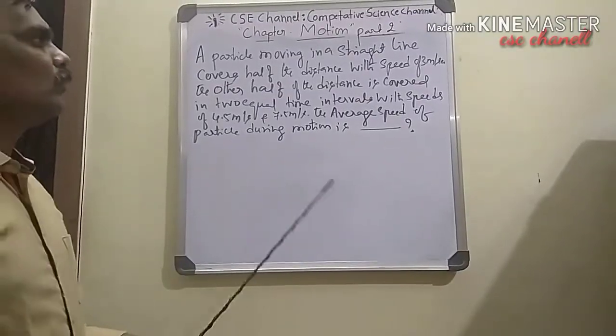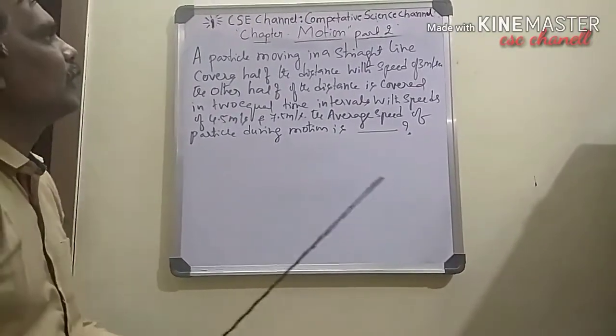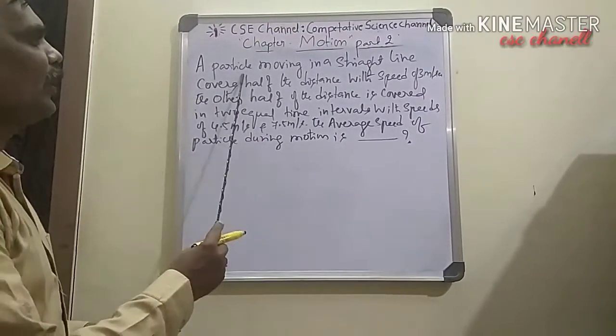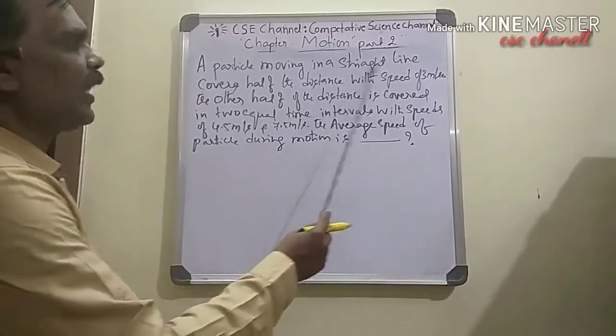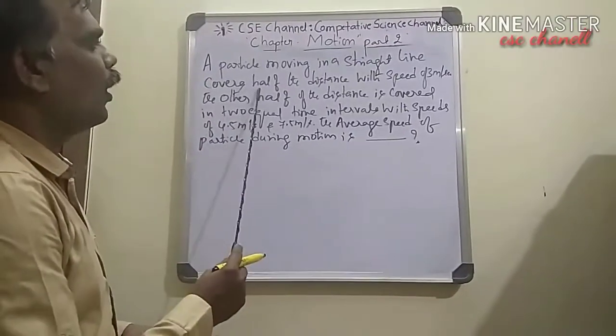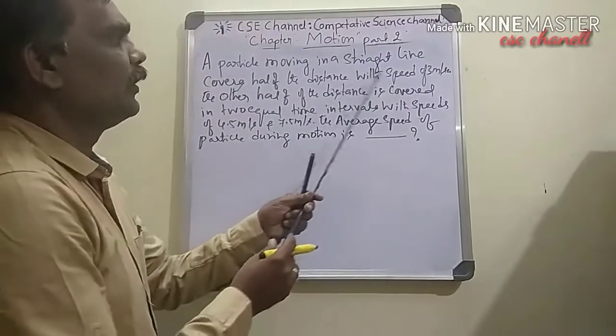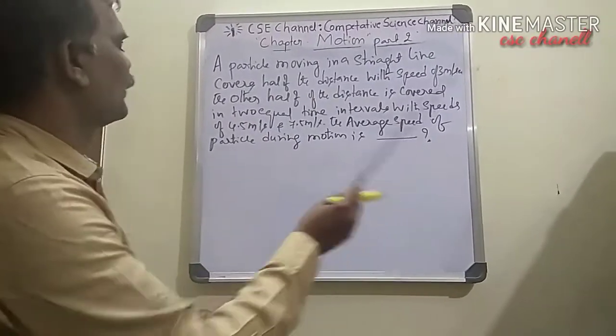Now we'll move to a little more difficult question on average speed and average velocity. A particle moving in a straight line covers half the distance with a speed of 3 meter per second.